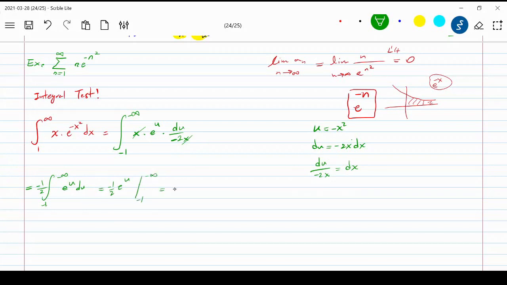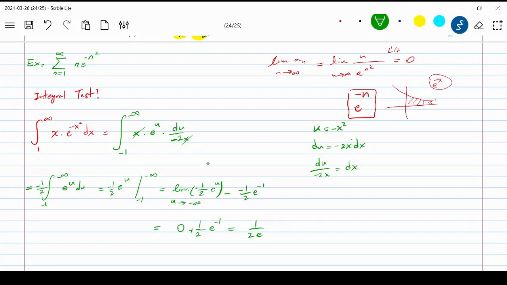You can use a limit, so it will be the limit of negative 1/2 e to the u as u approaches negative infinity, minus, if we replace negative 1, negative 1/2 e to the negative 1. As u approaches negative infinity, e to the u becomes 0, so you get 0 minus negative 1/2 e to the negative 1, which becomes 1/2e.